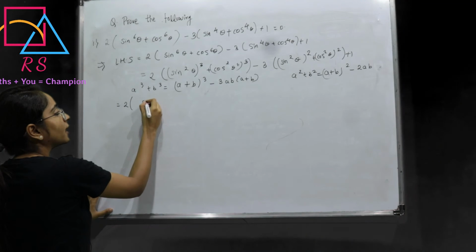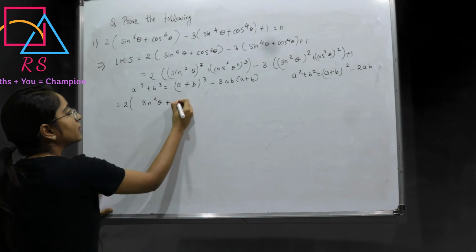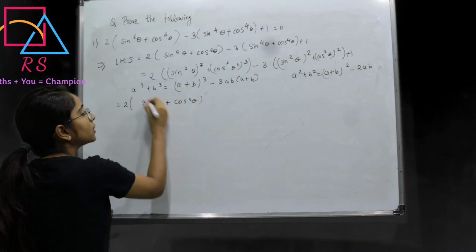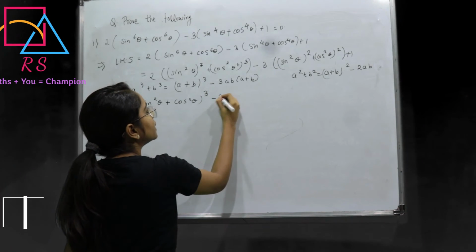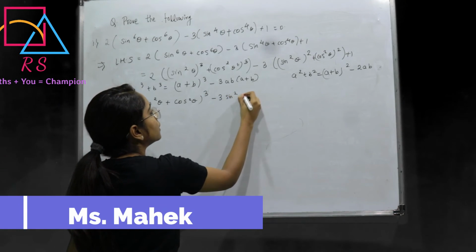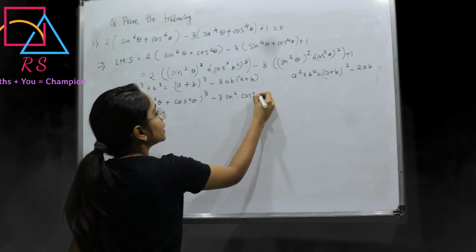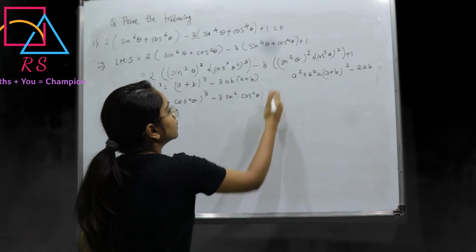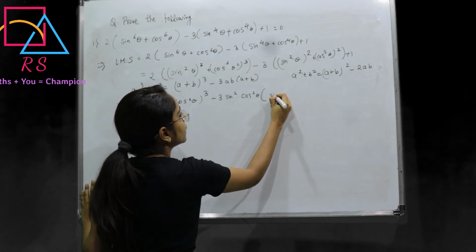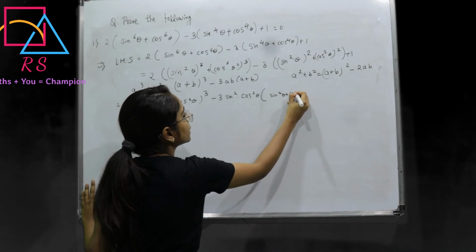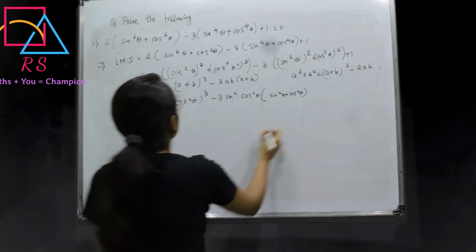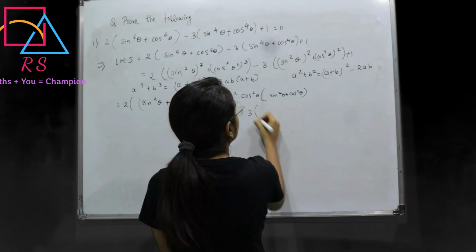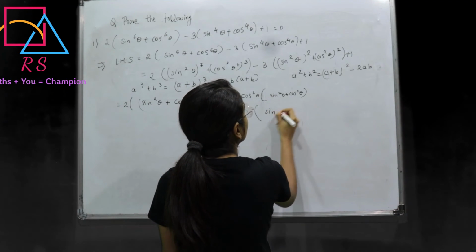2 of (a plus b) whole cube, we can get 2 times (sine square theta plus cos square theta) whole cube minus 3 sine square theta cos square theta times (sine square theta plus cos square theta), minus, I'll further solve a square plus b square.